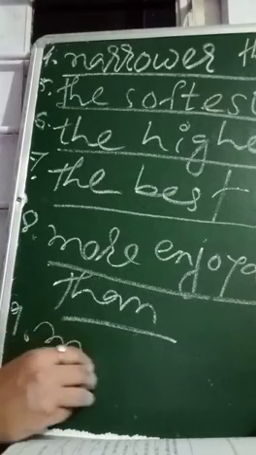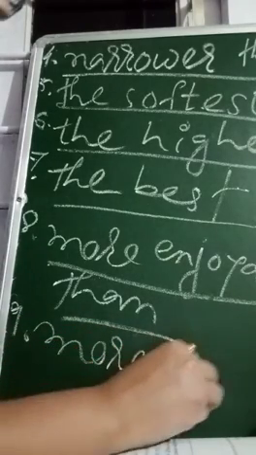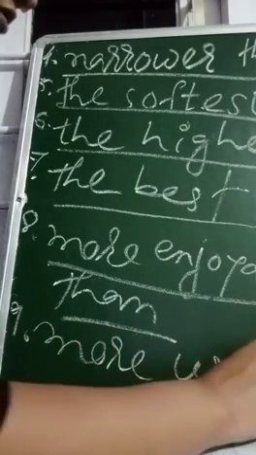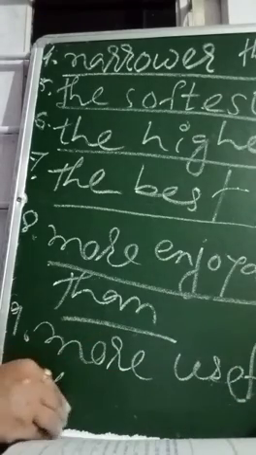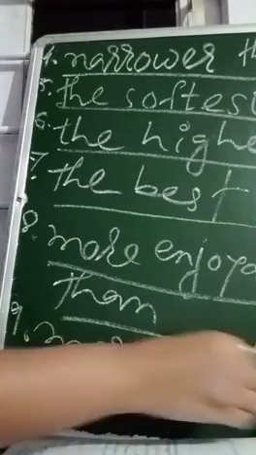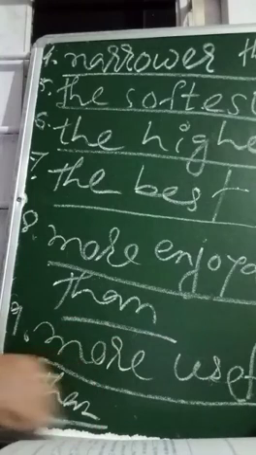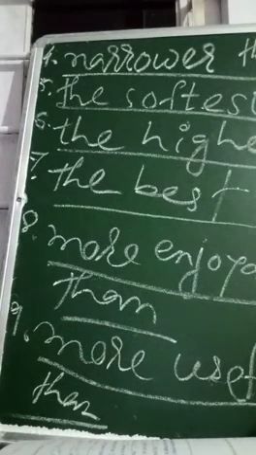So it will be comparative. We will write more useful than. More useful than. THAN. Okay, not ENAN. Alright. Then we have number 10.